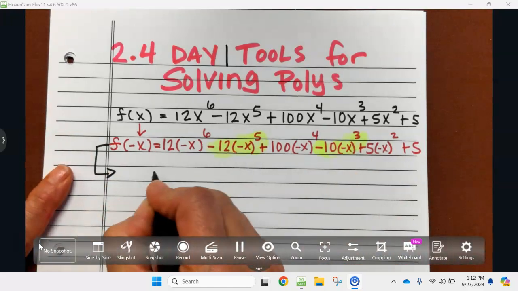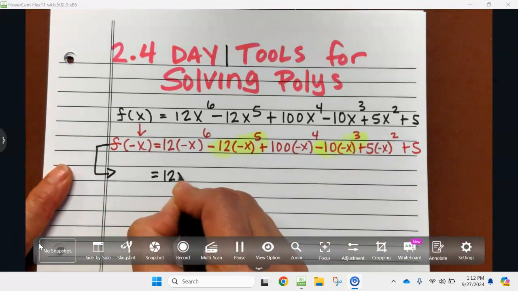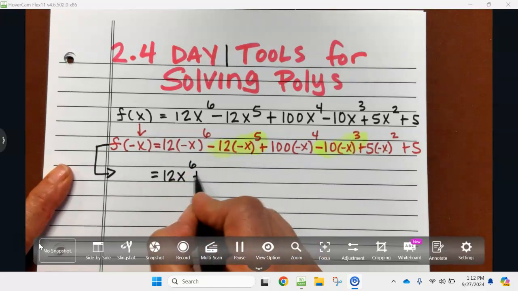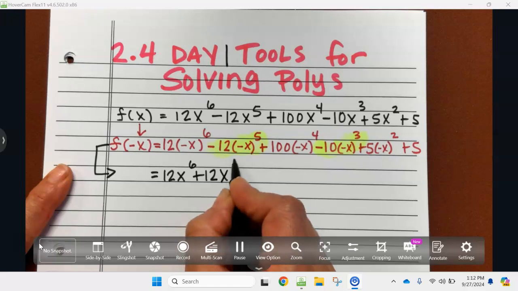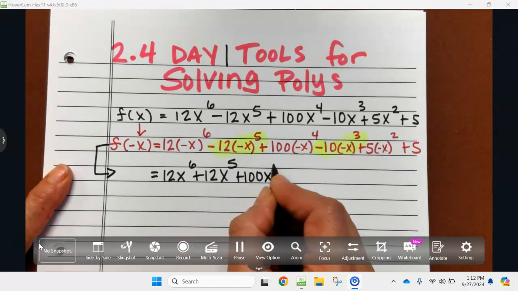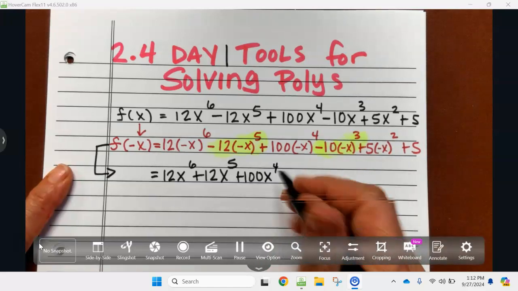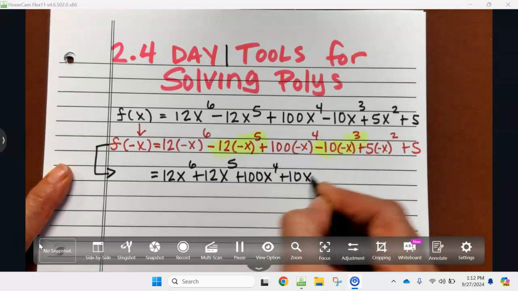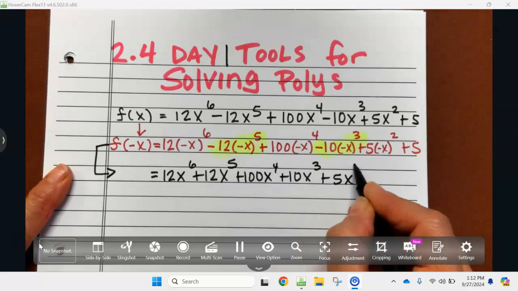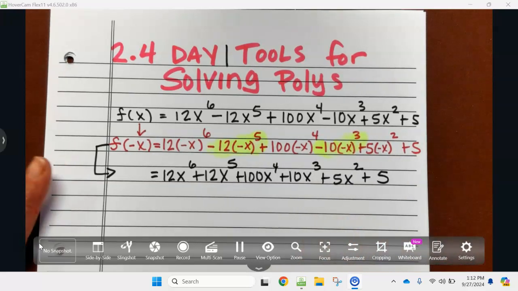It's going to look like this. 12x to the 6th plus 12x to the 5th plus 100x to the 4th plus 10x to the 3rd plus 5x squared plus 5.